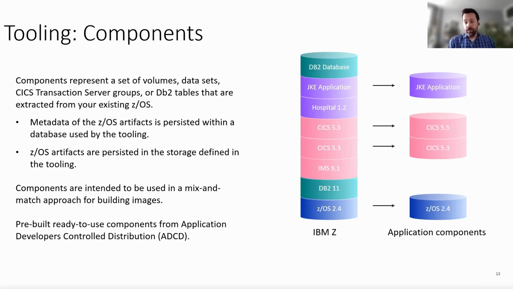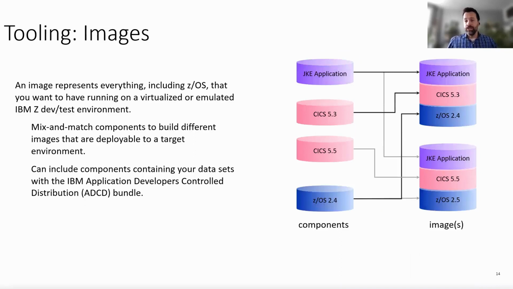You could have a component that represents your KIX transaction, or you could have a component that represents a set of DB2 tables. So the idea was that we could sort of segregate that together as separate artifacts, and then when it came time to putting it all together as an image, you could pick and choose what components make sense for your particular image.